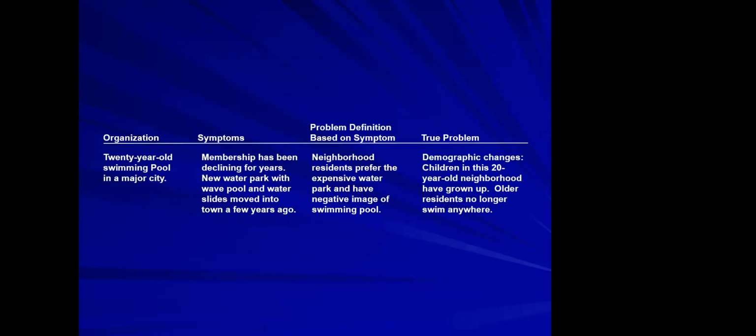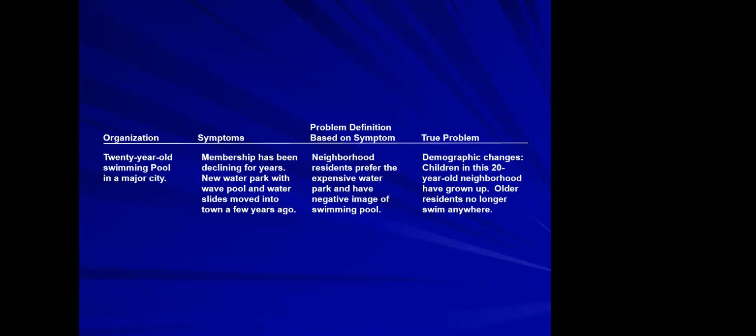At the same time, a new water park has come up, and there is a demographic change as people are becoming older. The symptomatic problem is that people prefer a new water park to an old swimming pool.